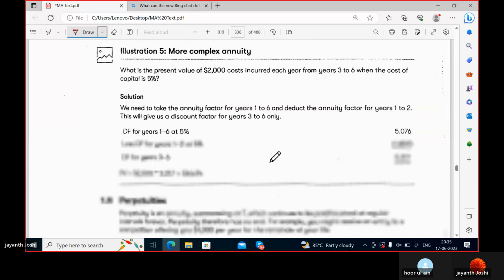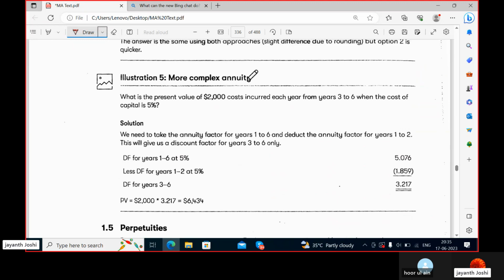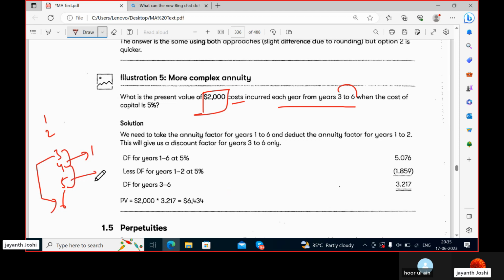Here again we have one more question on annuity. What is the present value of $2,000 costs incurred each year from years 3 to 6? That means 1, 2, 3, 4, 5, 6. From 3 to 6 years, that is the span of 1 year, 2 years, 3 years.